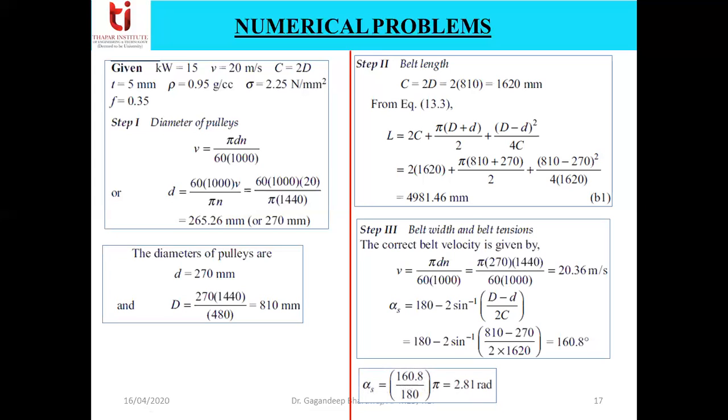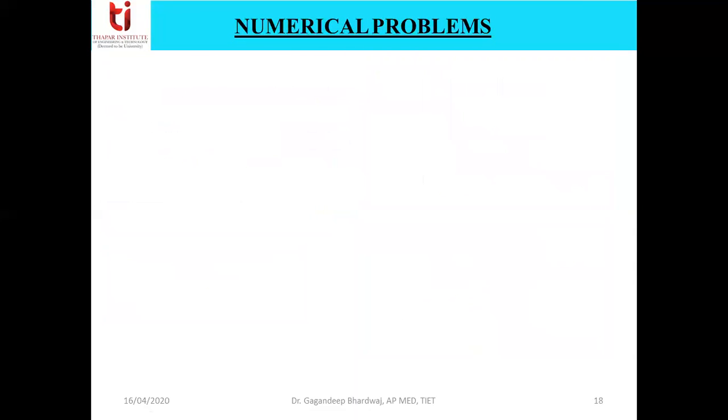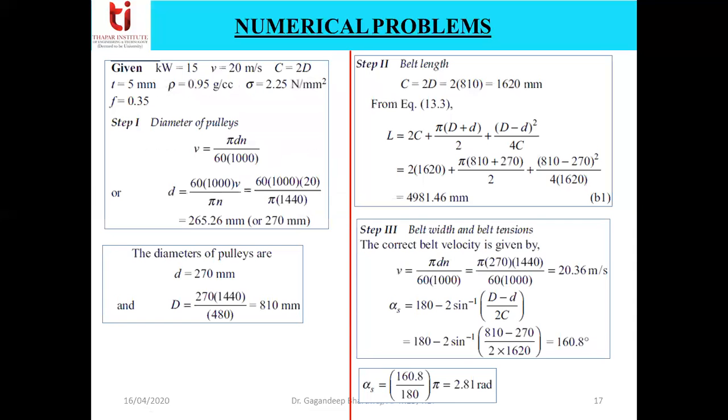So alpha s comes out to be 2.81 radians. Why have we calculated this angle? Because in the ratio of driving tensions, we will use this variable.